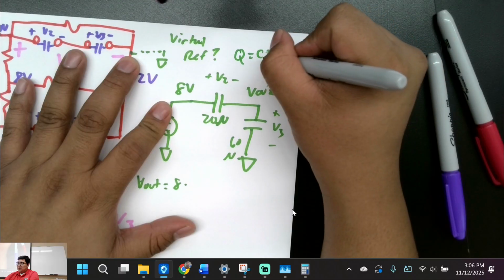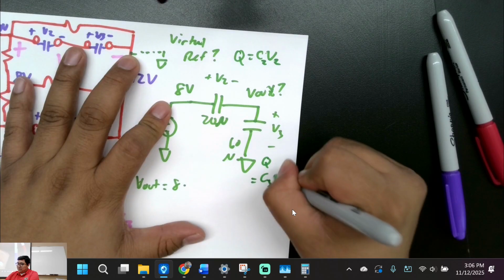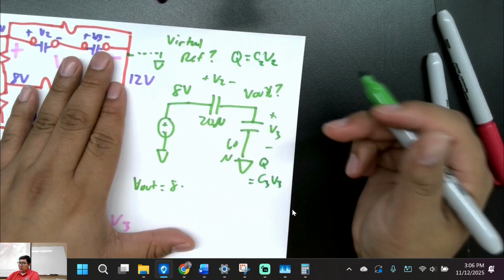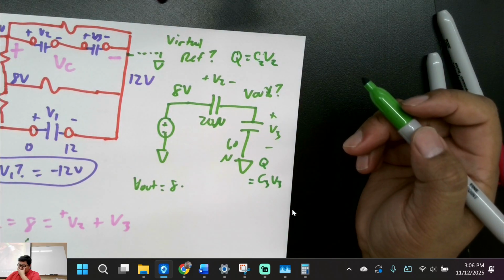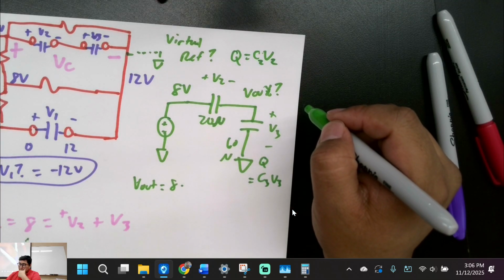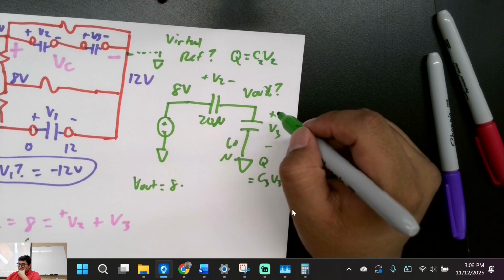It's going to be C2 V2, equal to C3 V3, and I'm going to have some total voltage right here. So if I have 8 volts and I'm trying to share it, let me remember. I'm not getting this one right here. This one's important: how to share charge.